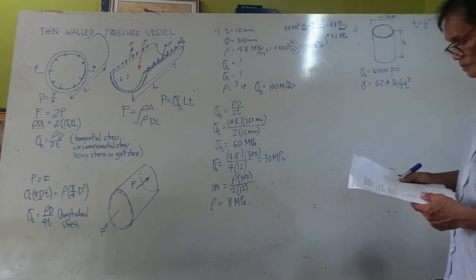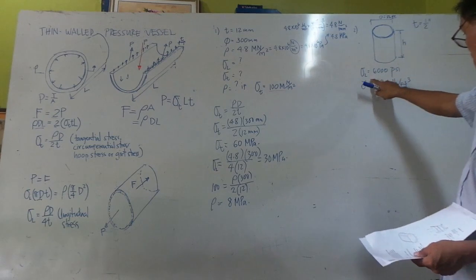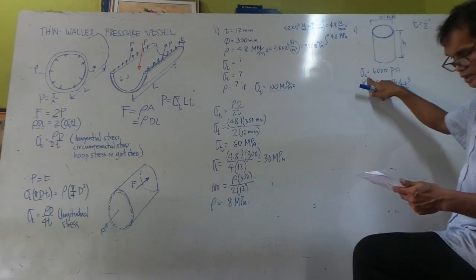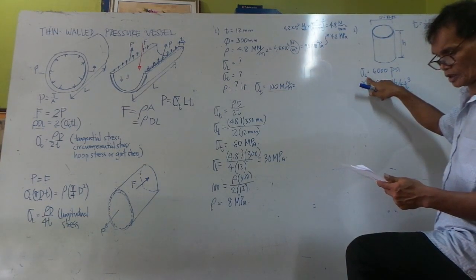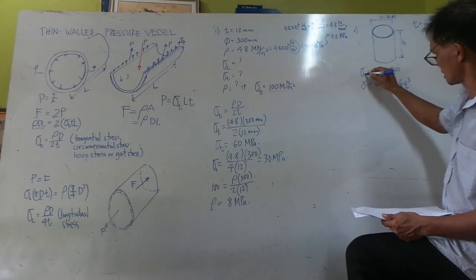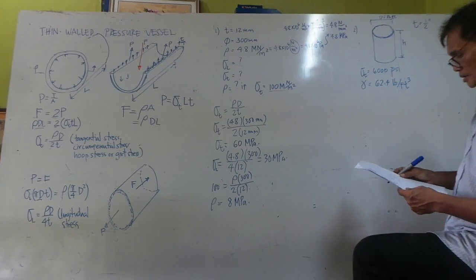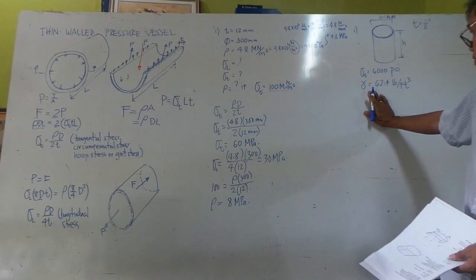The thickness is 1/2 inch. The circumferential, or tangential, stress is 600 psi. The unit weight of water is 62.4.